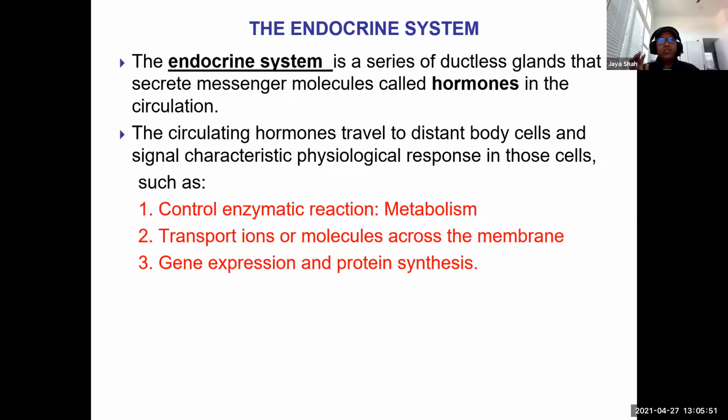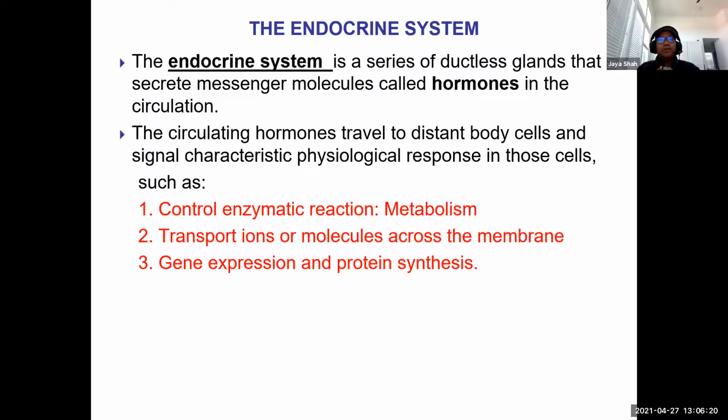Among the four tissues, endocrine glands originate from epithelial tissue. Then some of the glands develop ducts, we call them exocrine glands, and some of the glands do not develop ducts. They are buried inside the tissue. We call them endo, meaning inside, glands.